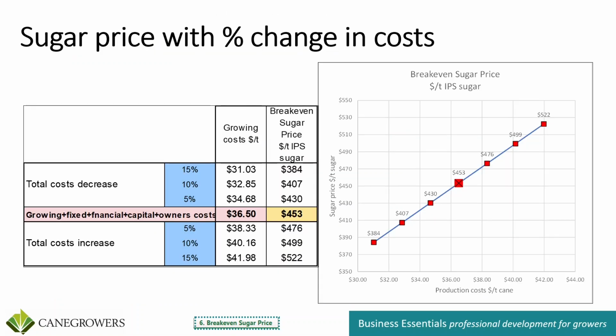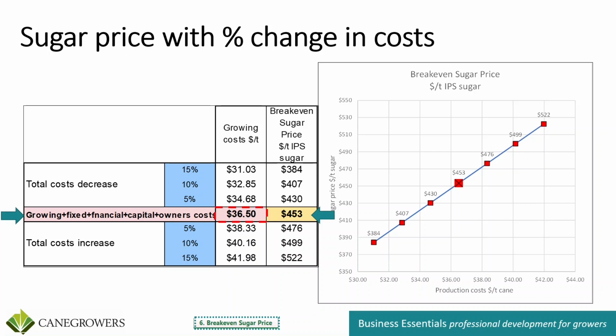Also on worksheet 6 is a table which shows the sensitivity of the break-even sugar price to changes in total cost of production per tonne of cane. In this case, our starting point in the middle row is the cost of production determined in our budget. This is shown in dollars per ton of cane.